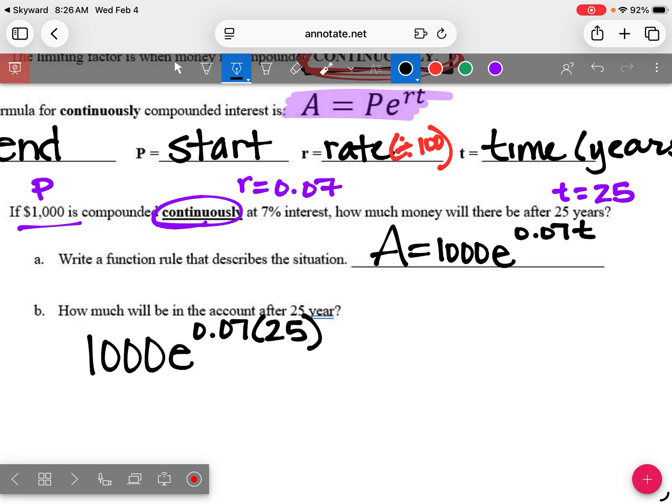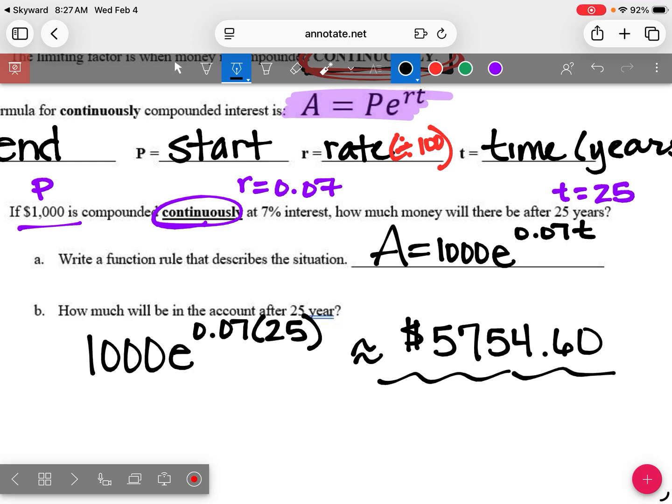First two numbers should be 5, 7. Did we get that? 5, 7 for our first two numbers? This is my favorite integrated class. So I got $5,754 and about 60 cents. That would be my answer. Any questions about number 1?